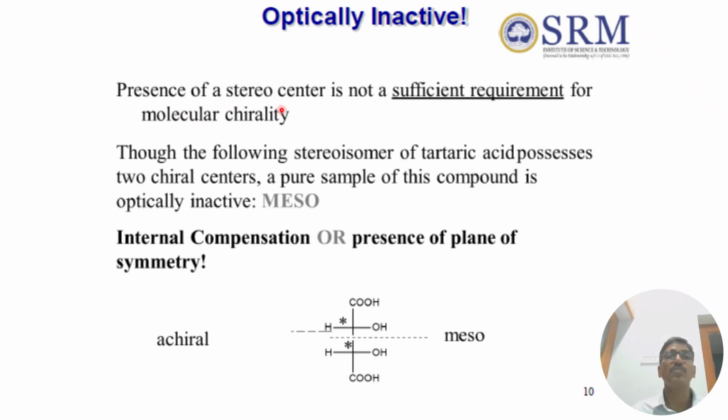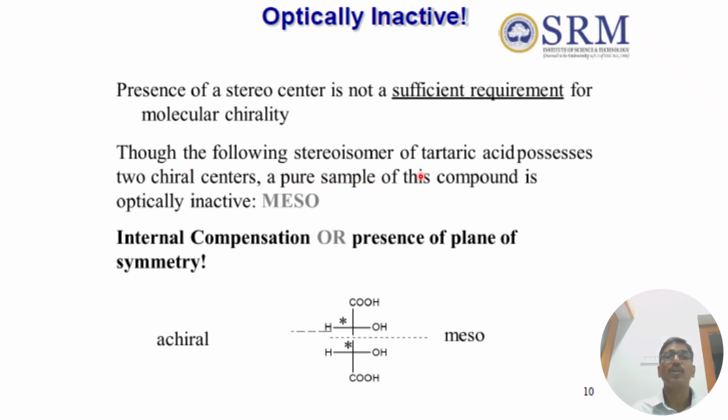Therefore, the presence of a stereocenter is not a sufficient requirement for molecular chirality. This was a real setback for the scientists to overcome and also to identify the real criteria to say the molecule will show optical activity.